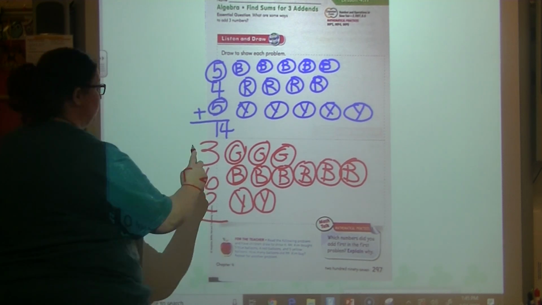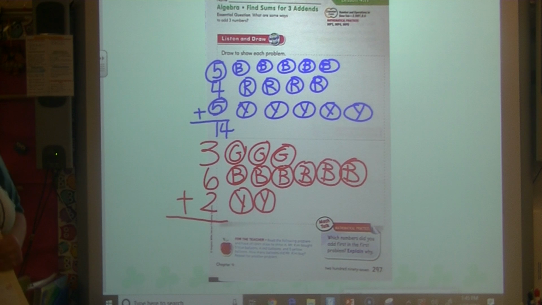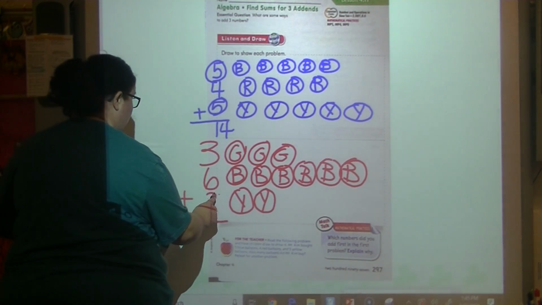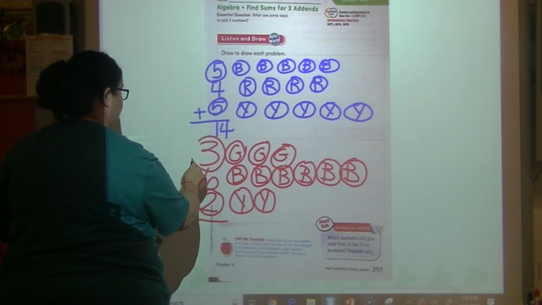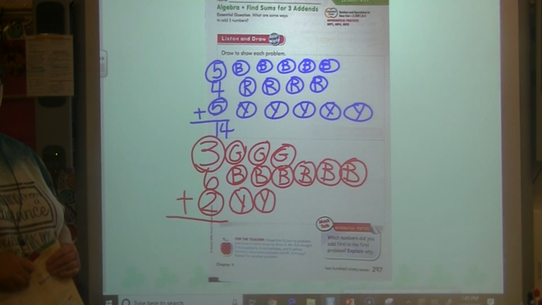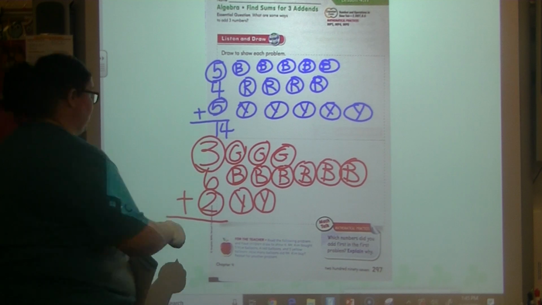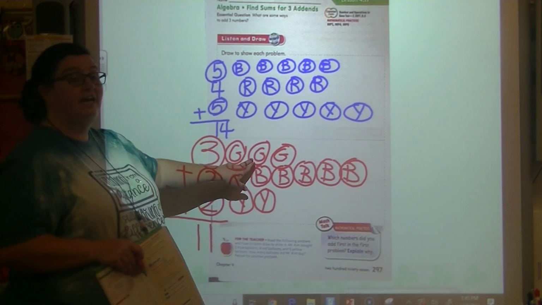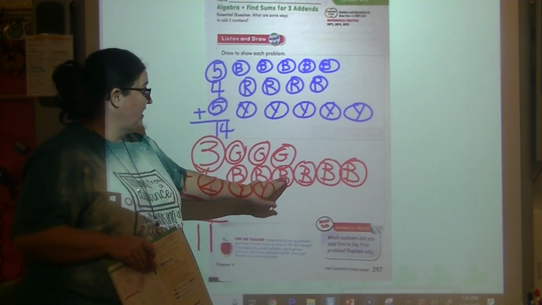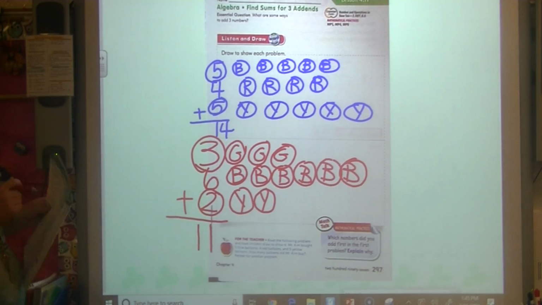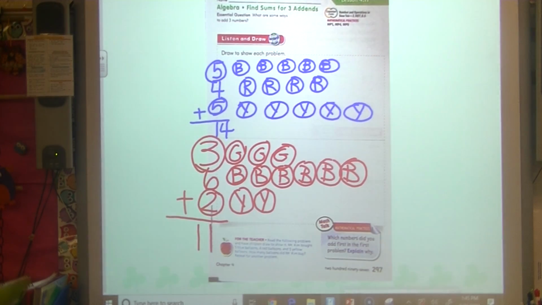Do we have 2 numbers that add together easily? Yeah, we add 3 plus 2. Does that give you an easy number to work with? 5. Now what's 5 plus 6 more? 11. So you could have gotten 11 that way, or you could have counted 3, 4, 5, 6, 7, 8, 9, 10, 11. Mary Beth had 11.